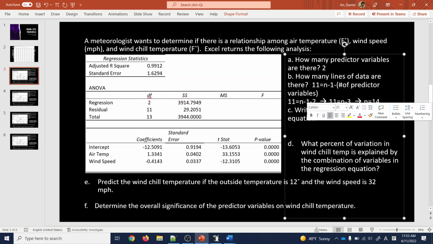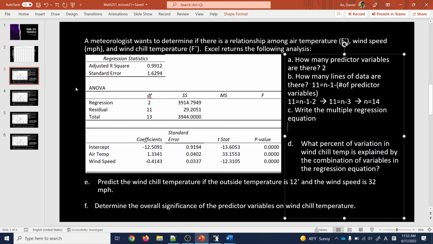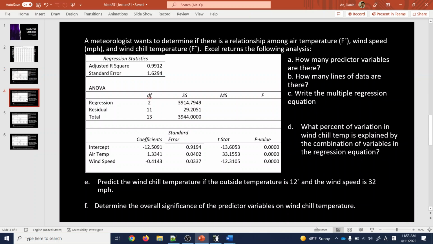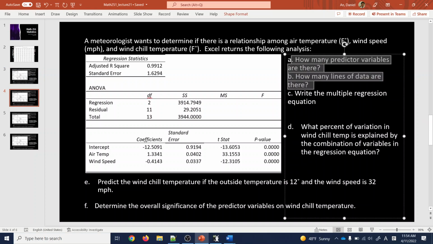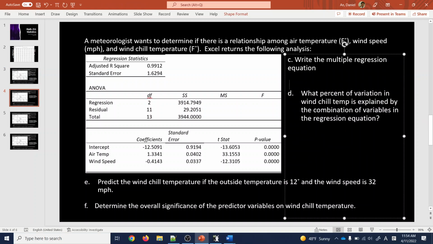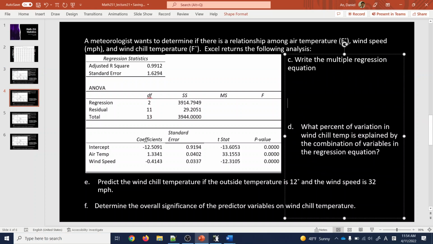Okay. All right. Now let's write the multiple regression equation. For this, we must define some variables. Let me just delete the ABC, and then we'll define some variables.